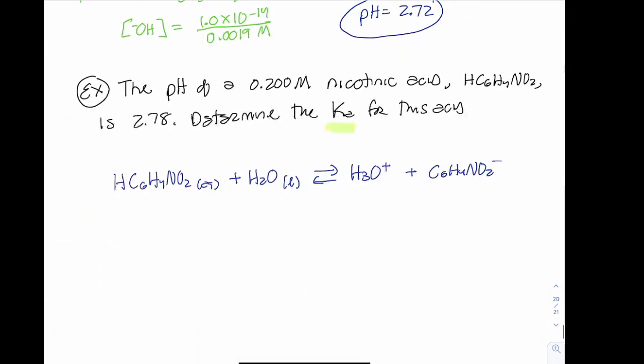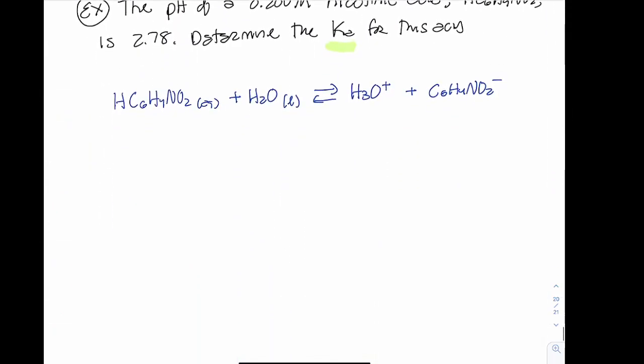So going back to my problem, I'm going to leave a little bit of space here. My equilibrium constant is my unknown, but we know that it's going to be equal to the concentration of hydronium ions at equilibrium, my conjugate base, also at equilibrium.